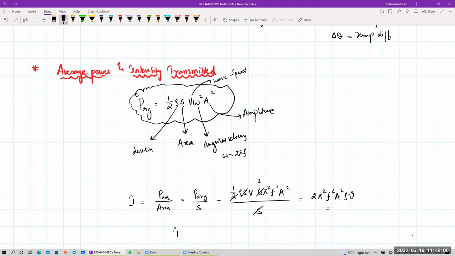So the intensity formula will be 2 pi square F square A square rho into wave velocity or wave speed. This will be the formula.